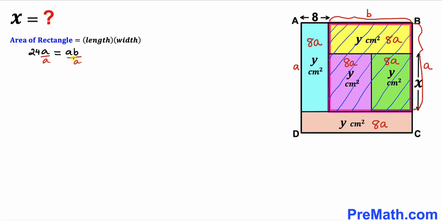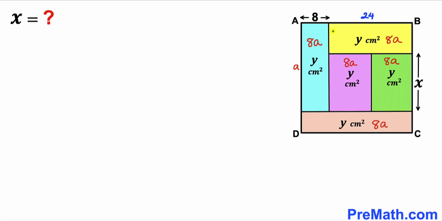Let's divide both sides by a to isolate b. a and a is gone over here as well. So therefore our b value turns out to be 24 centimeter. So therefore this side length turns out to be 24.